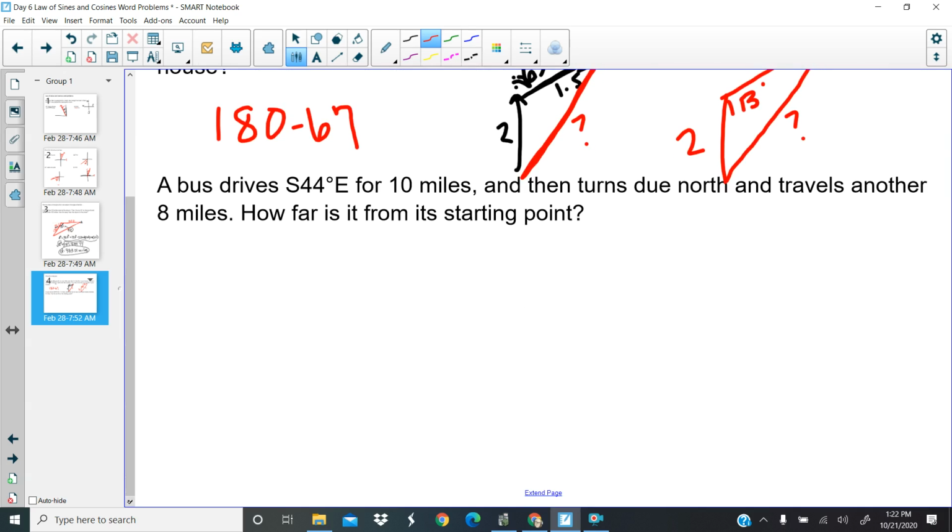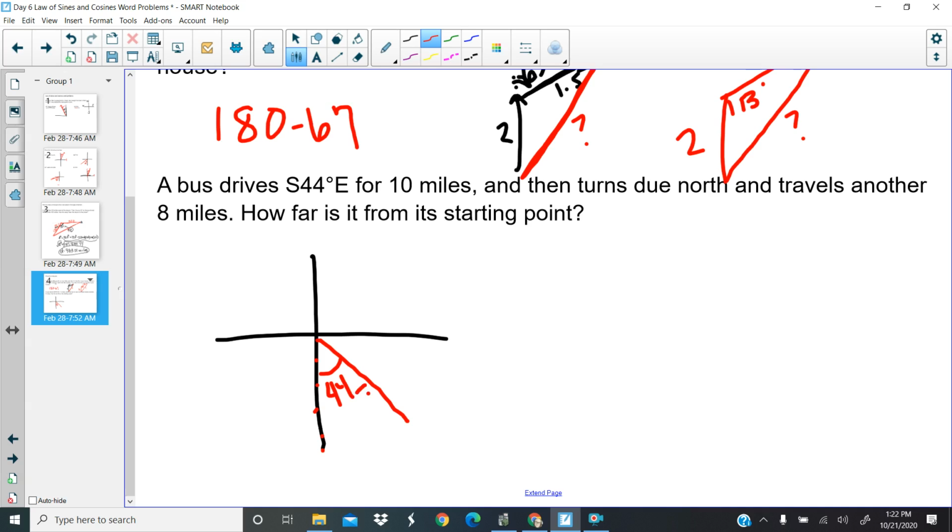And then on our last one, a bus is driving south 44 degrees east. So it's heading, let me draw out the compass again so that you guys can see it. And it's heading south 44 degrees east. So that means that this angle is 44 degrees. And it heads in that direction for 10 miles.